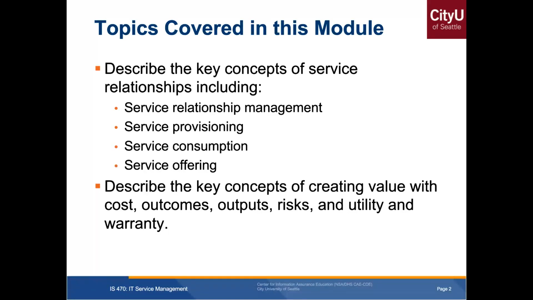Service provisioning is from the service provider, and service consumption is for the consumer. Both of these are activities. And then the service offering, basically what the service is being given. We did talk about value, cost, outcomes, outputs, risk, utility, and warranty.